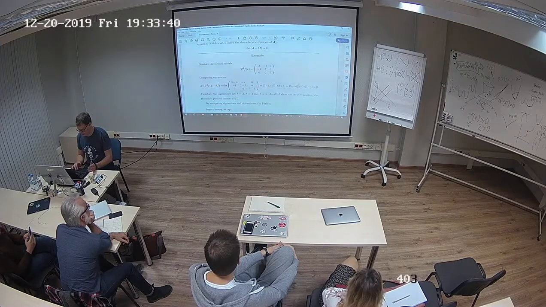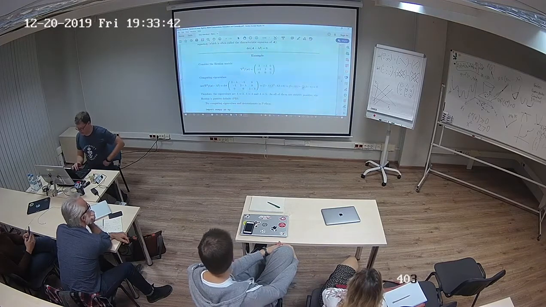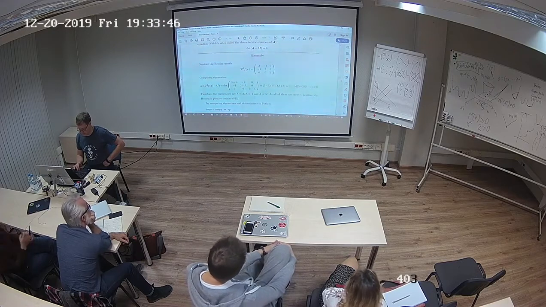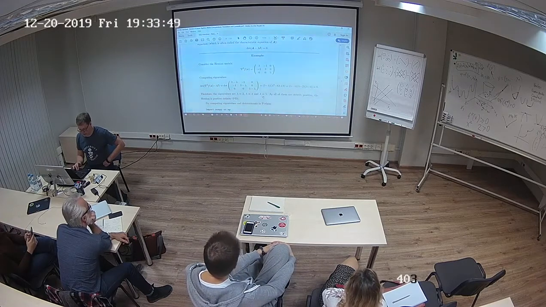You can collect the terms, and you will get 5 minus lambda, lambda minus 2, lambda minus 4 is equal to 0. So the eigenvalues of this matrix are 2, 4, and 5, all strictly positive. So this is a positive definite matrix. Wow, that's the same as we verified previously.